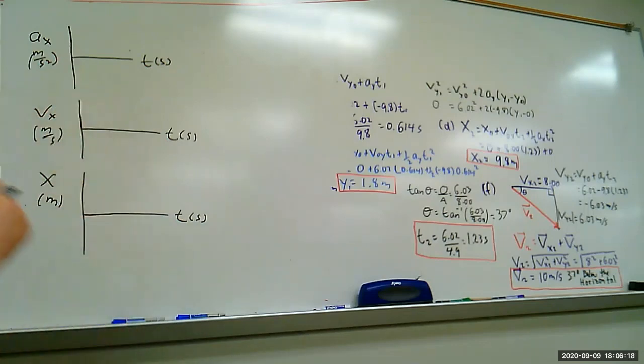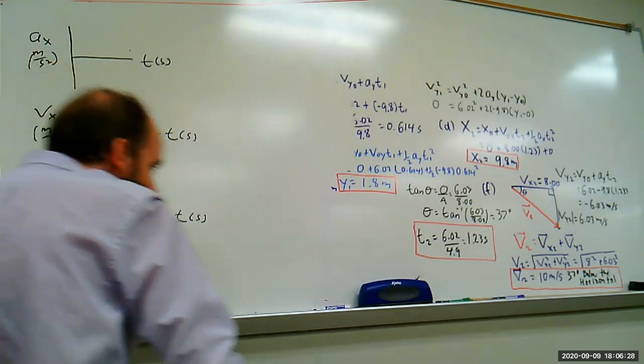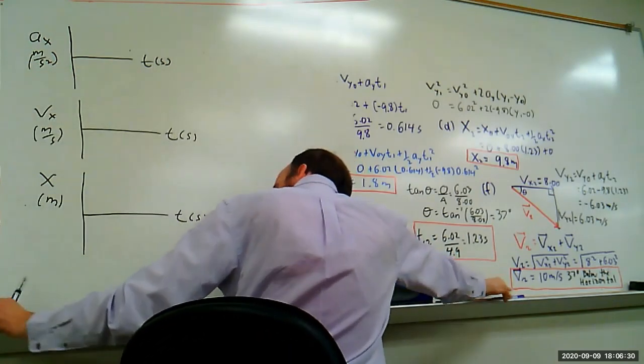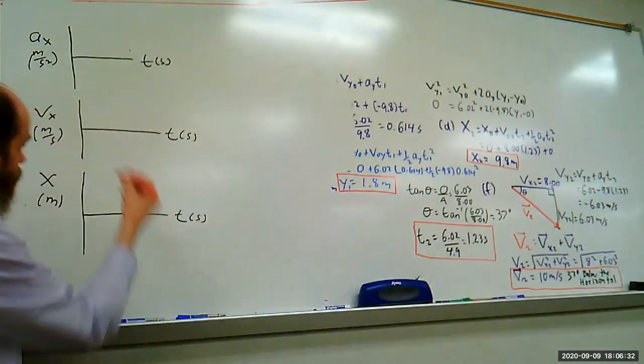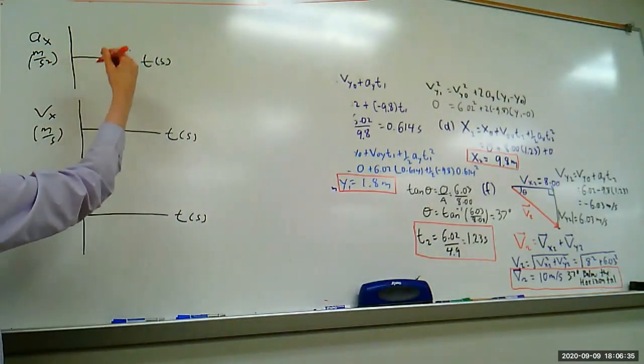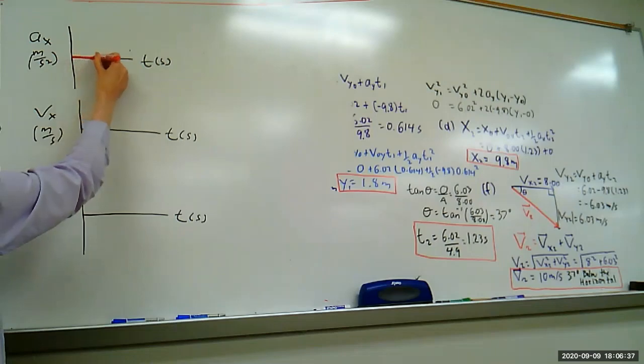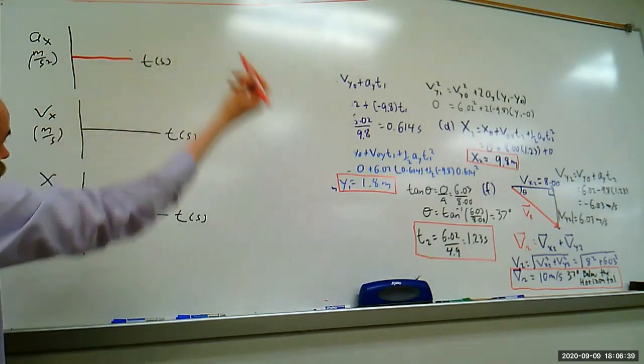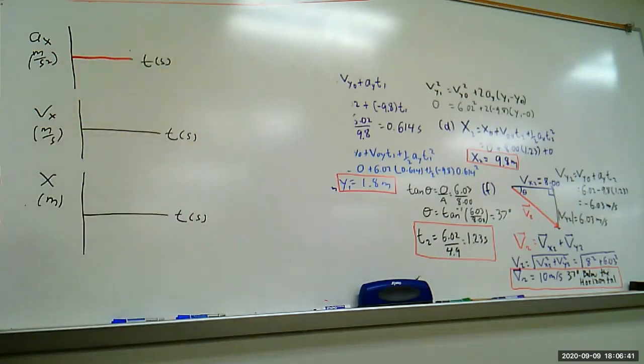So we want these three graphs. So first of all, horizontal acceleration is 0. We're assuming no air resistance. So we can just draw a line. It's 0 throughout. Just draw a line along the t-axis. So that's the horizontal acceleration. We have 0 acceleration in the horizontal direction.